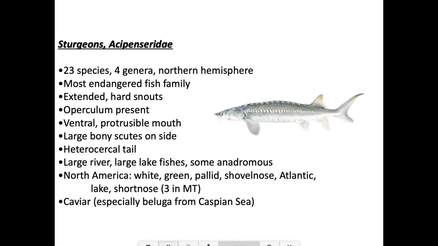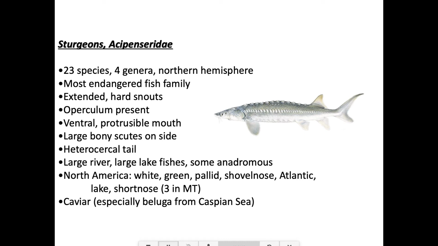The 3 sturgeon species in Montana can be identified by their caudal peduncle, so the shape and size of their caudal peduncle, and by the position of barbels under their snout. You should note the sturdy scutes along the side of their bodies.